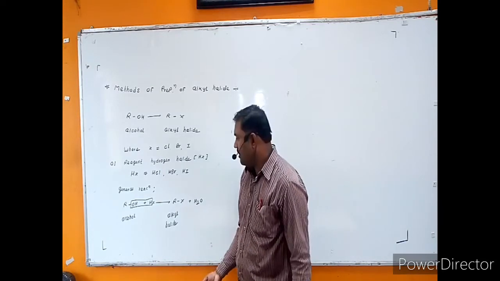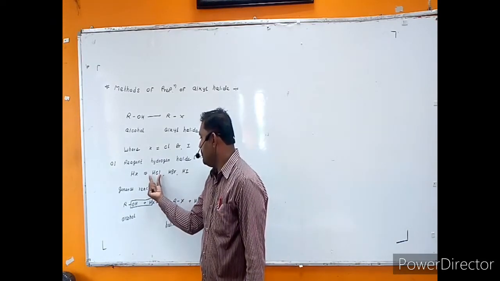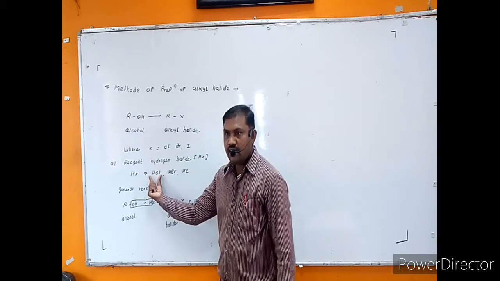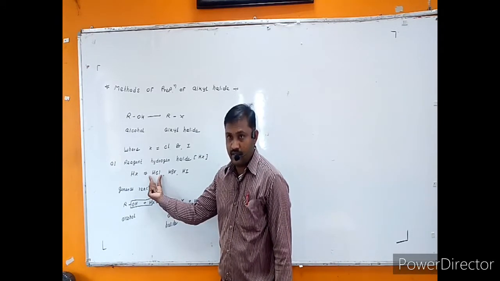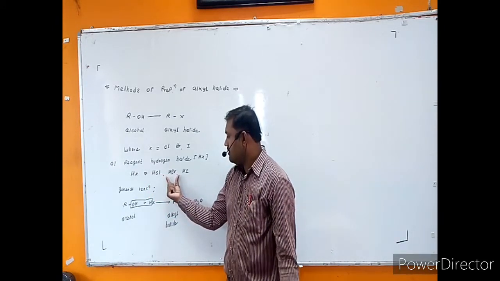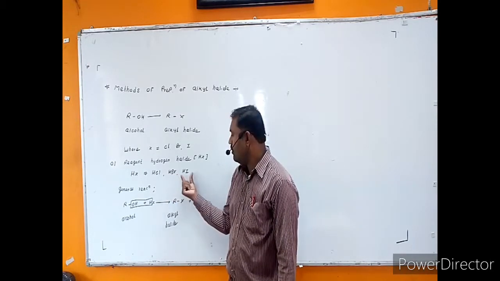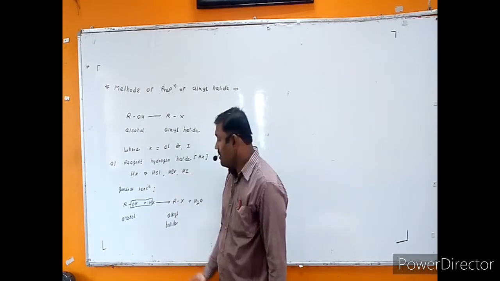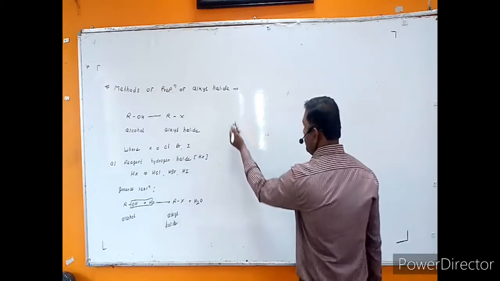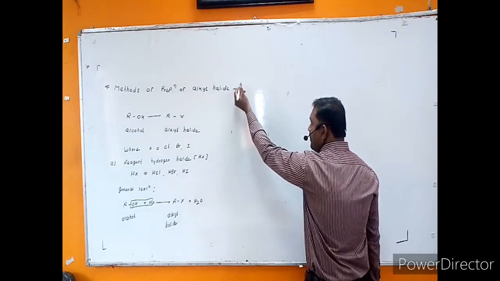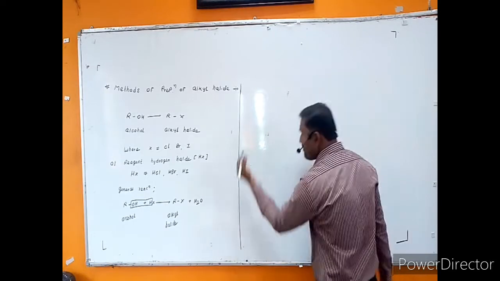Now in detail, if we are using HCl here, how is that possible? Just as I told you, instead of HCl one can use HBr also or HI also. So how are these reactions possible? Now, reactions in detail.